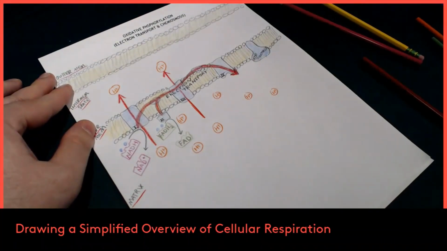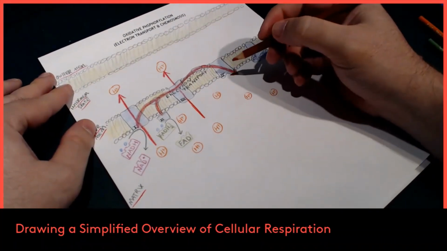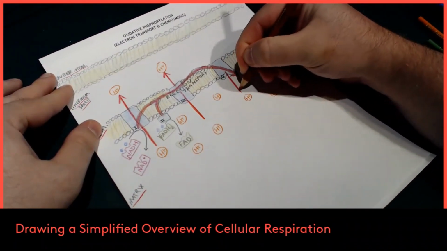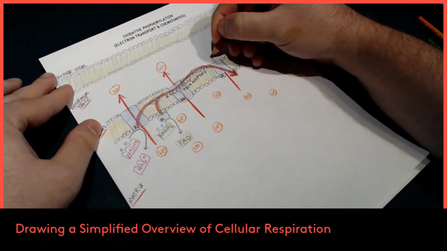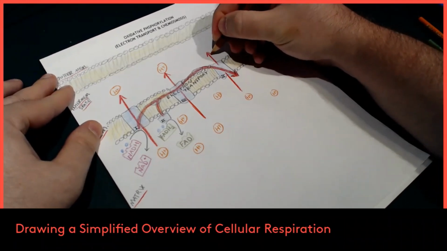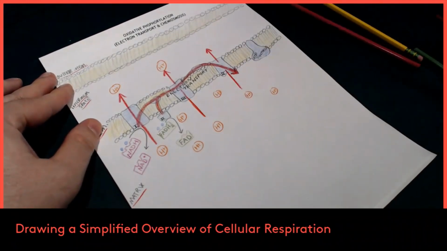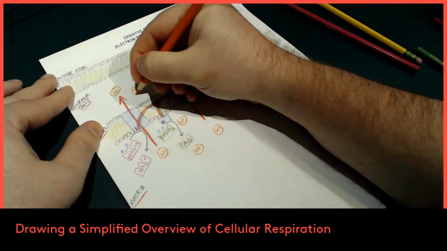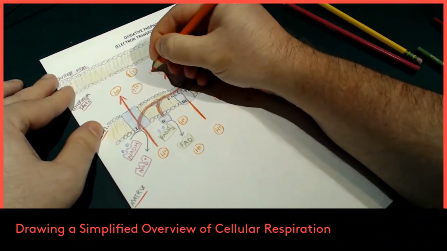Right? And by the time you get to protein complex 4, I like kids to think of it this way, that you still have some energy left in these electrons. They're not quite as powerful as they once were, so you're poof, poof, poof. You're still pumping hydrogen. And you pumped so much hydrogen.